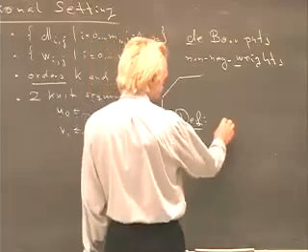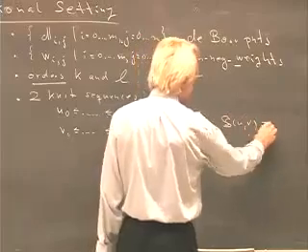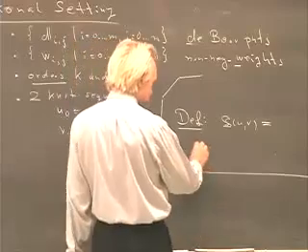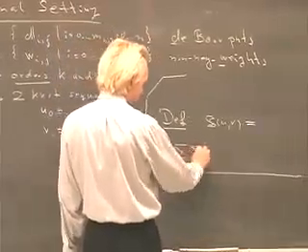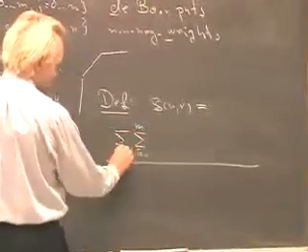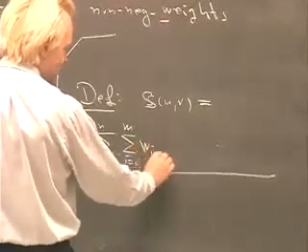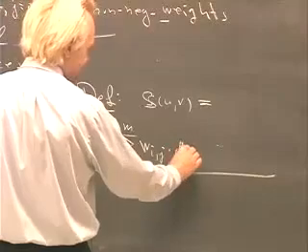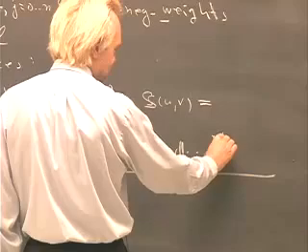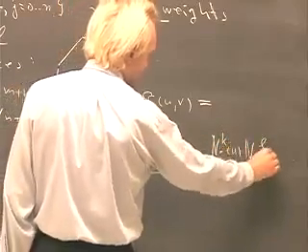So I know I'm going fast here. S of u v is defined by a ratio. And we essentially take all of our control points, i from 0 to m, j from 0 to n, and we multiply the control points by the weights, weight w i j times the control point d i j, times the basis functions, N i k of u times N j l of v.